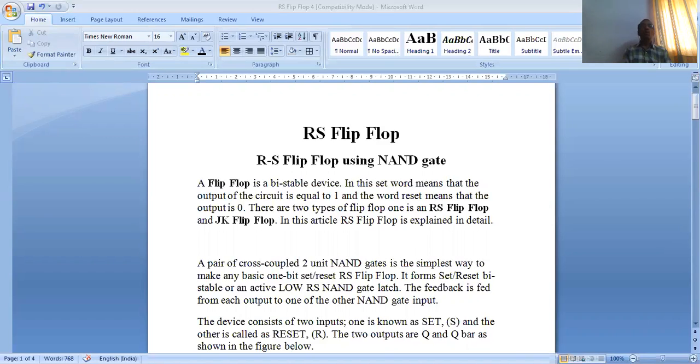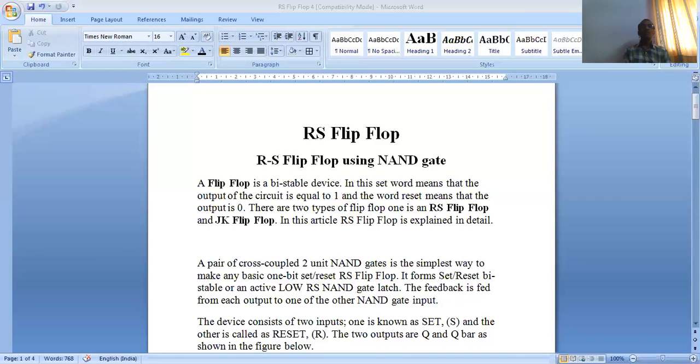The output of a NAND gate is the complement of the output of an AND gate. If the output of the AND gate is 1, then the output of the NAND gate is 0. If the output of the AND gate is 0, then the output of the NAND gate is 1.